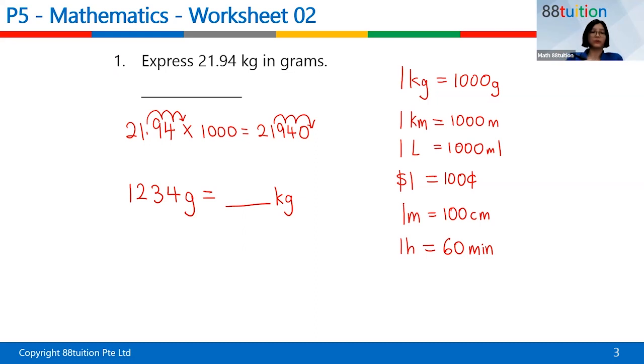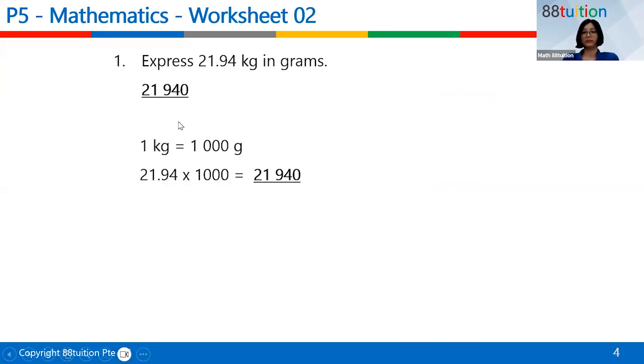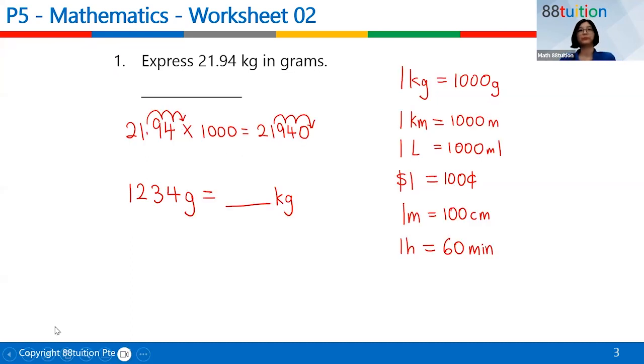So what we do is, when we multiply by 1,000, we shift it to the right. So we have to rewind, work backwards in that sense. Let me use my pen. So we shift 1, 2, 3, because there's 3 zeros.